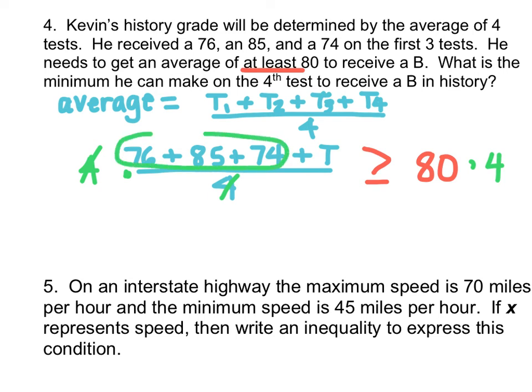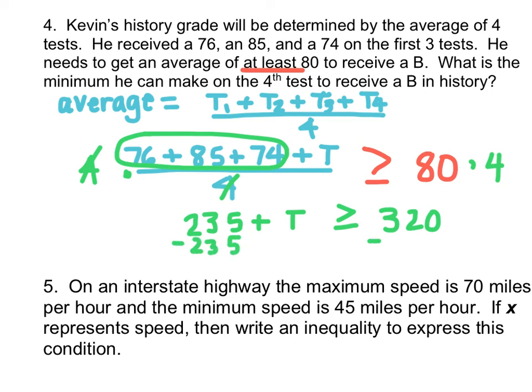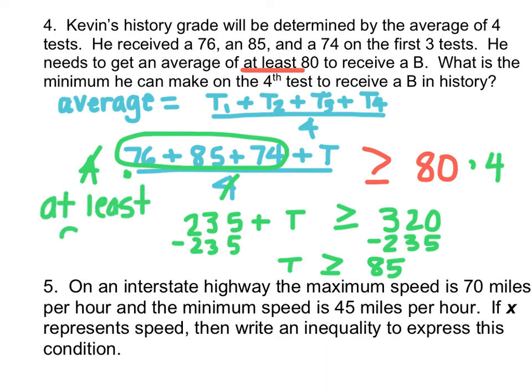You may go ahead and find the sum of these numbers, which is 235, and that will be 235 plus t is greater than or equal to 320. We'll continue solving by subtracting 235 from both sides. So t is greater than or equal to 85. What does that mean? You must make at least an 85 to maintain your 80 average.